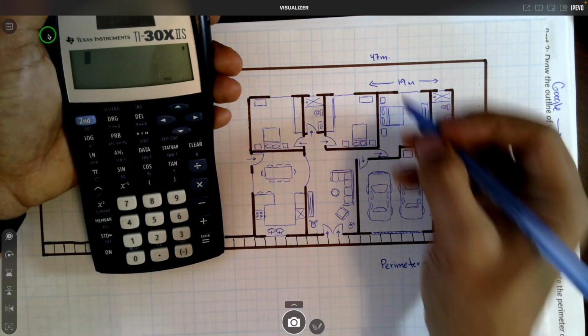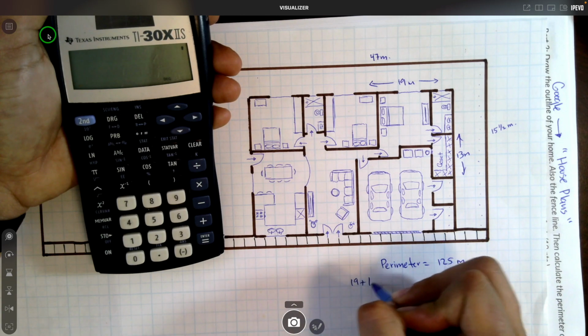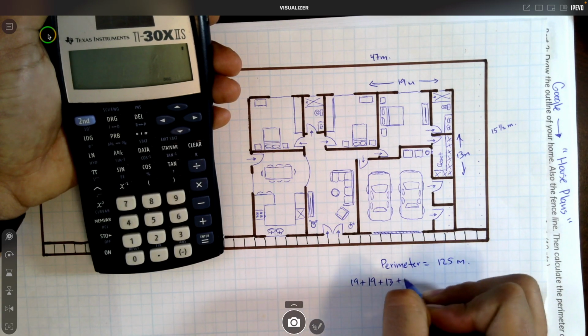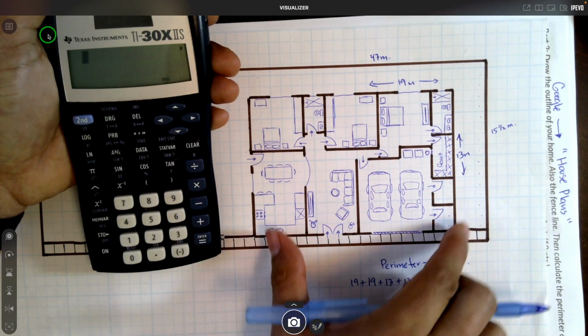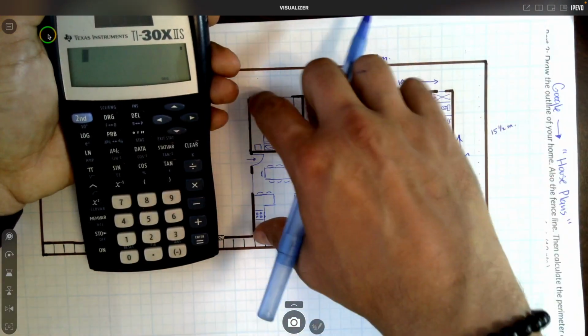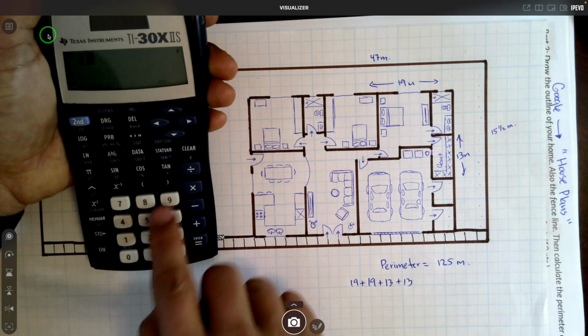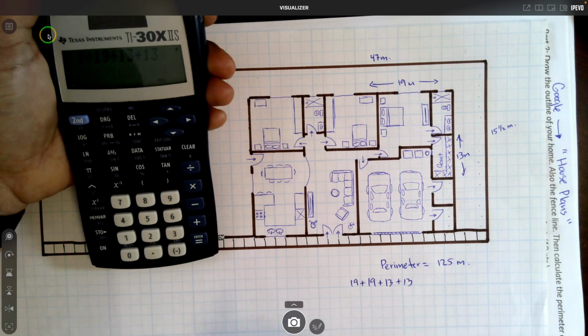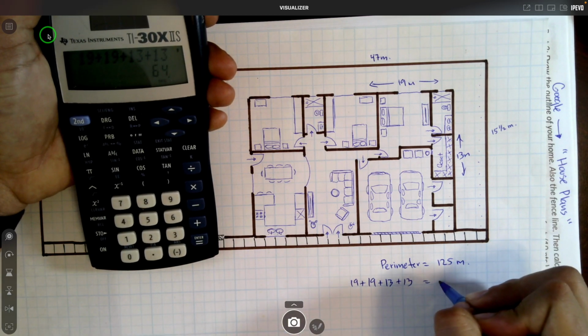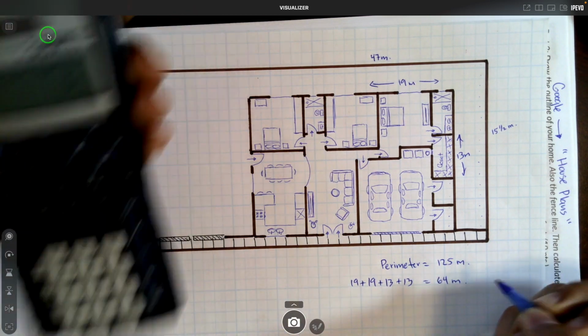Now, I can just add 19 plus 19 plus 13 plus 13. And you might say, Mr. Martinez, you didn't measure this, but since it's a rectangle, I know this is the same size as that, and this is the same size as that. So the perimeter of this house is 64 meters.